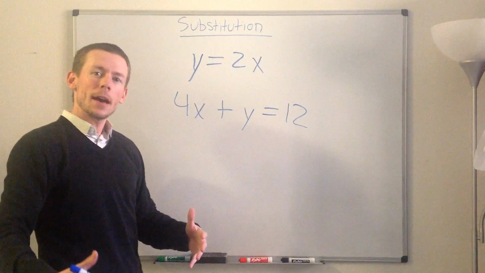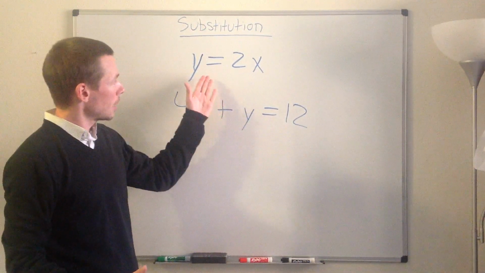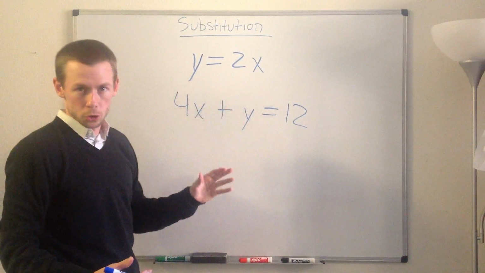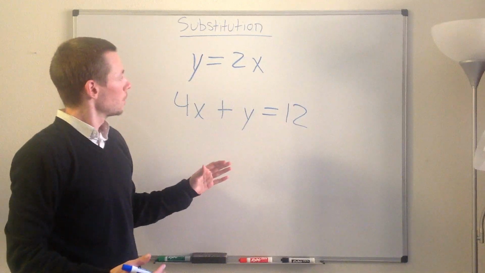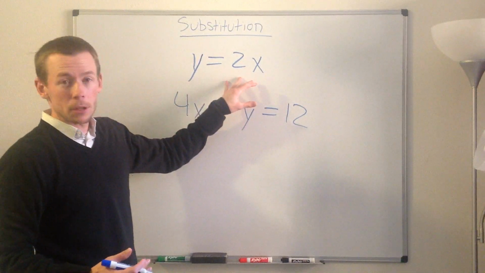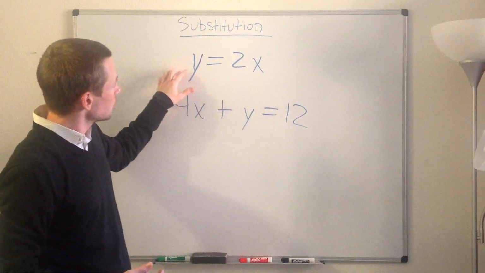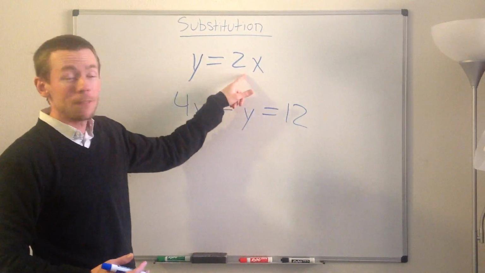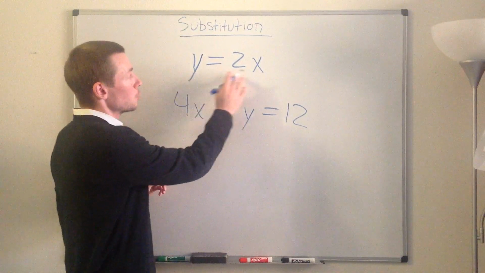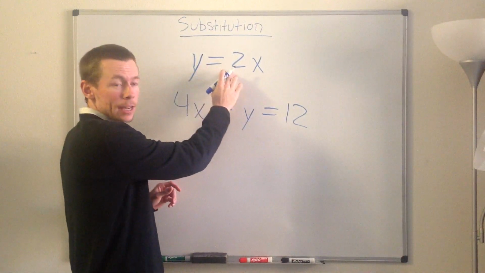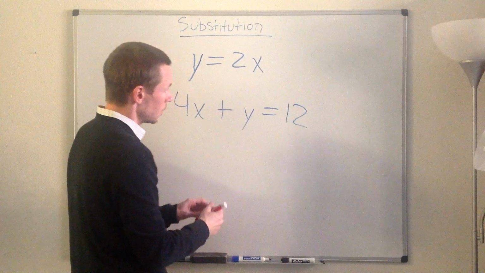And I want to find the value for x and the value for y that make both of these true. Well, just as in the previous example, I can substitute in for y the value 2x because y is equal to 2x.